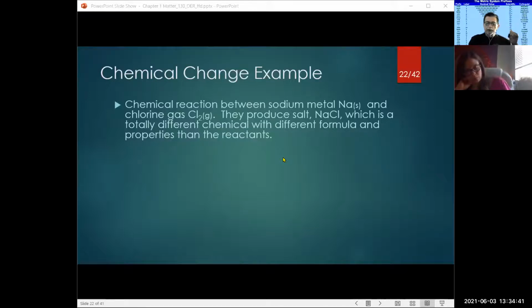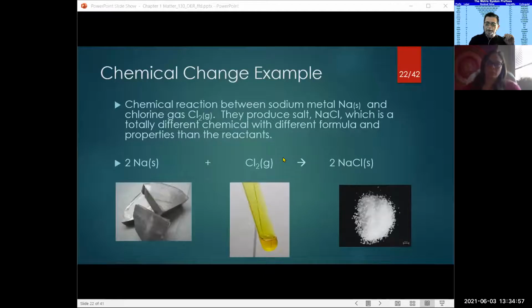Now, the chemical reaction between sodium metal, which is a solid, and chlorine gas, which is a gas, produces a salt that we're all familiar with. You put that on your French fries, sodium chloride, which is a totally different chemical. Now, sodium metal is a very hazardous metal.